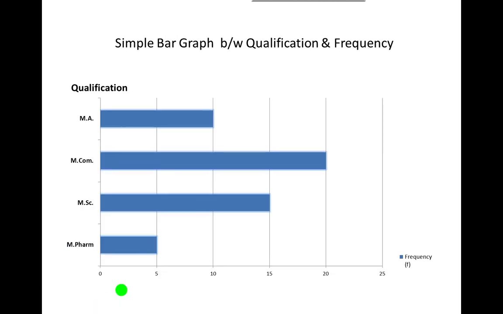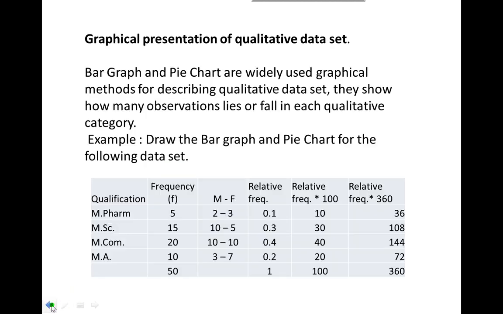Now from this slide you can observe, suppose this is the y-axis, the highest frequency in this data is 20. So we divide the area of the page or graph according to the highest frequency.